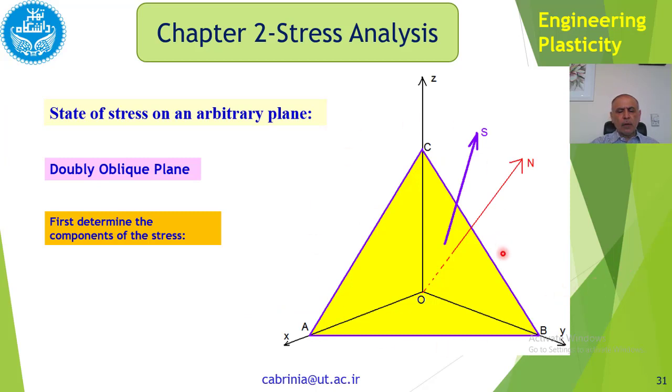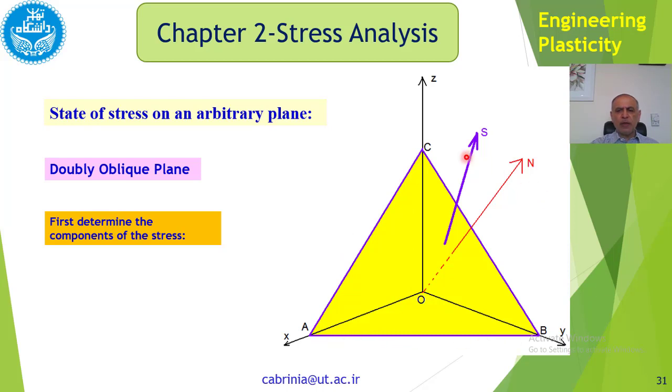Now, again here I will do what we've done in the previous slide, which is take an arbitrary stress on this arbitrary plane as S. What is this N? This N is perpendicular to this plane.